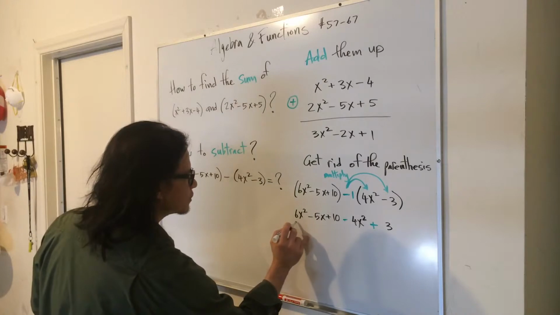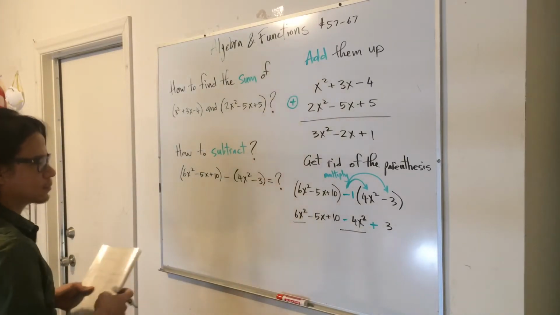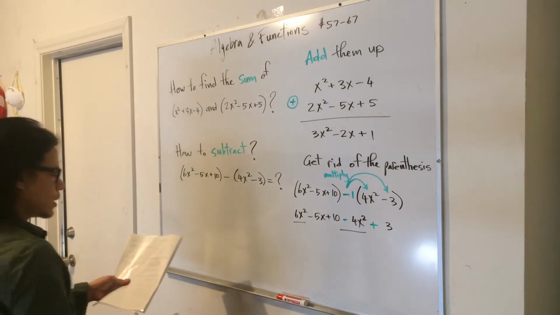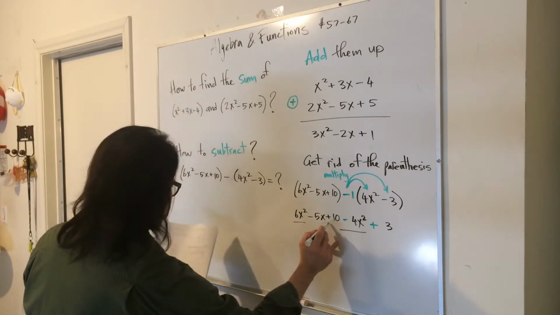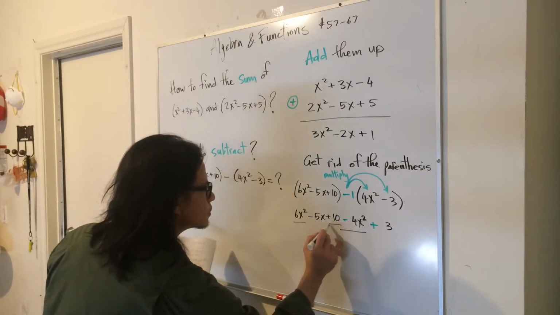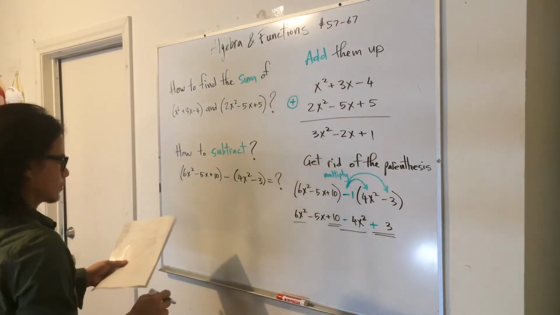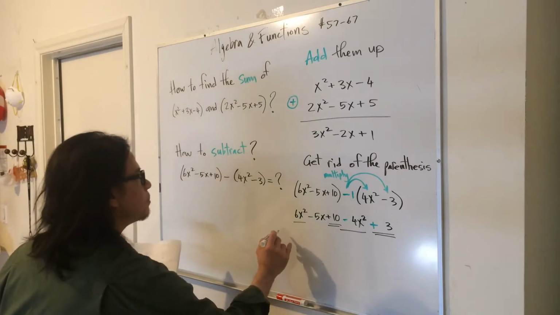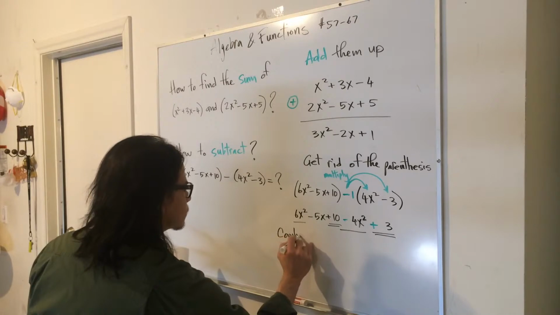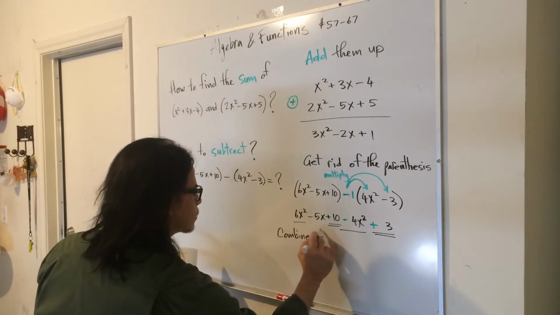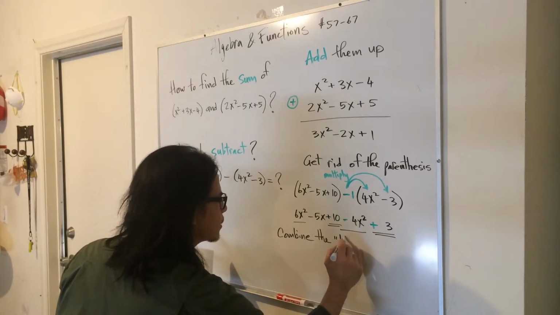We have 6x squared minus 4x squared. Okay, you have plus 10 and plus 3 as the constant terms. So let's combine the like terms here. The so-called like terms.